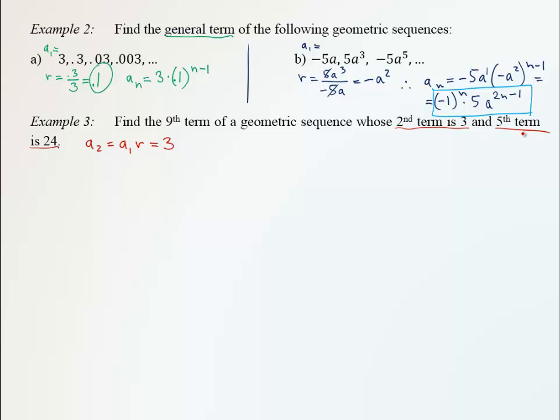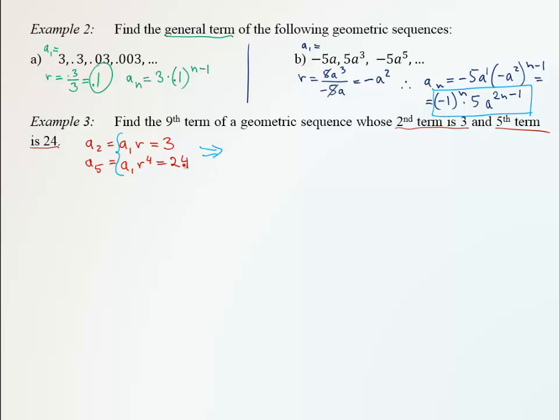We'll create another equation, and the second equation compares a5. a5 is the same as a1 times r to the 5 minus 1, which is 4. On the other hand, it is given to be 24. So we created a system of equations, this one and that one, and we need to solve them for a1 and r.